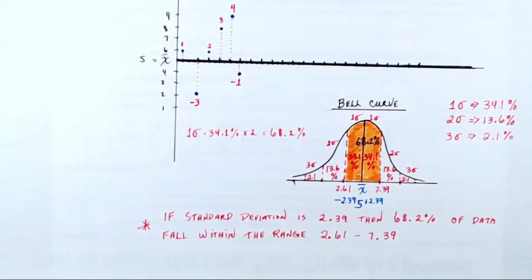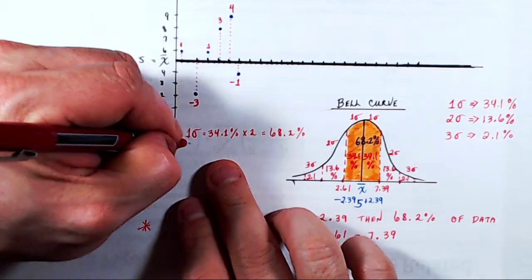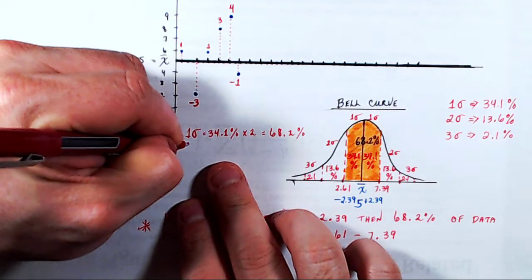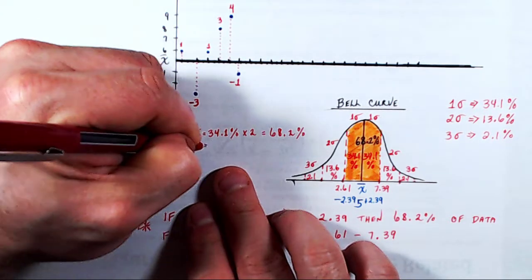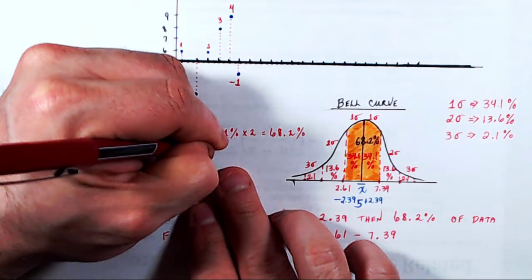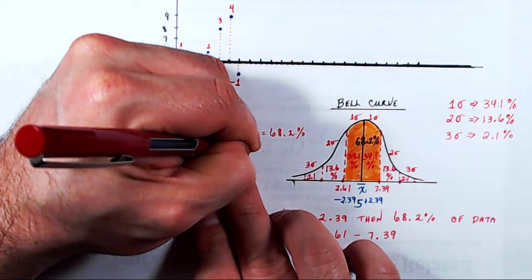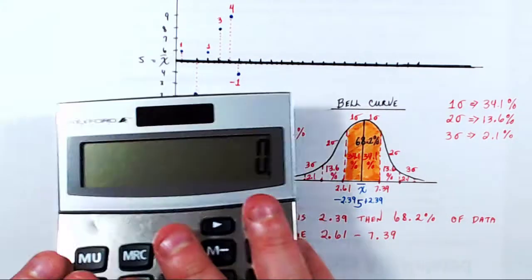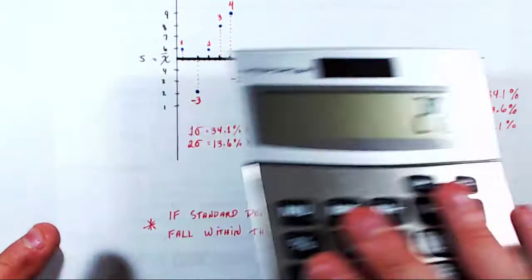The second standard deviation, the way that this really becomes useful is within 2 standard deviations of the mean. Add in that 13.6% times 2, which is 27.2%.